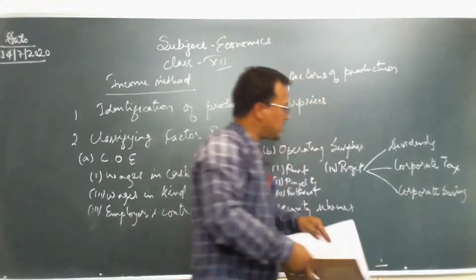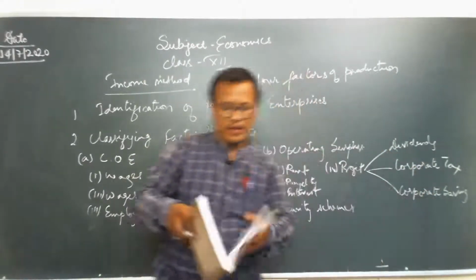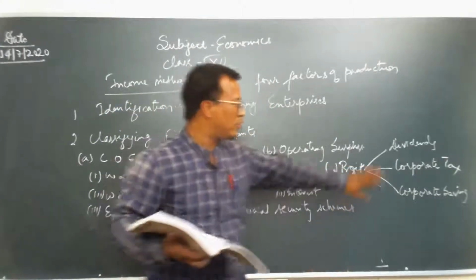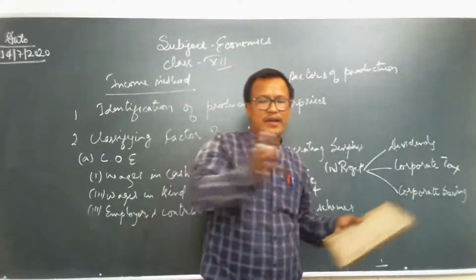So in profit, these three are included: dividends, corporate tax, and corporate saving. Now, dividends are distributed among shareholders. So whatever profits are in the form of dividends, these will be divided among the shareholders.